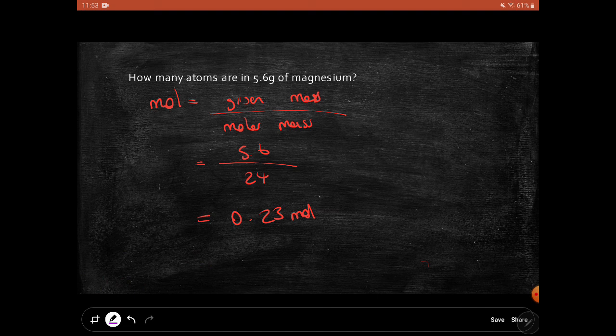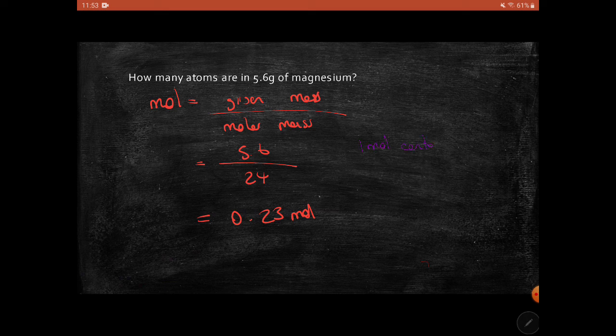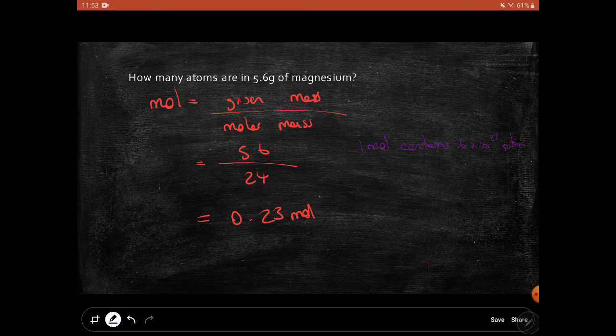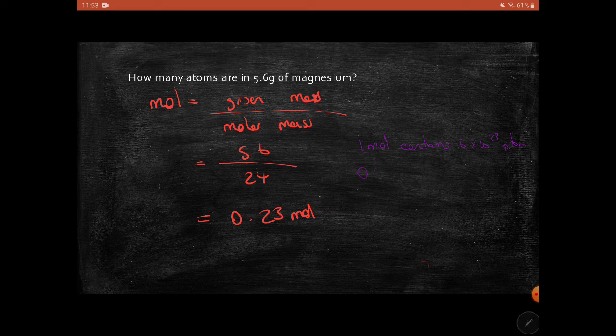Once we know the number of moles, then we can go ahead to solve for the number of particles, the number of atoms. We'll start by writing our statement, which says 1 mole contains 6 times 10 to the 23 atoms or particles. Therefore, 0.23 mole contains X particles.